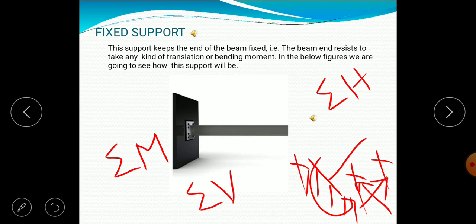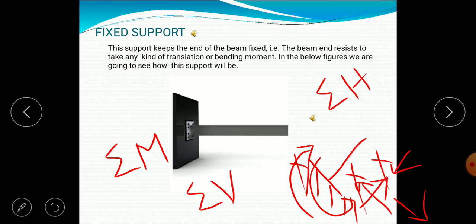Simply, if you observe this figure, that means in every direction, either horizontal or vertical or rotation, there is some opposing force acting, such that there will be an opposing reaction in the horizontal direction, an opposing reaction in the vertical direction, and opposing rotation about the point.